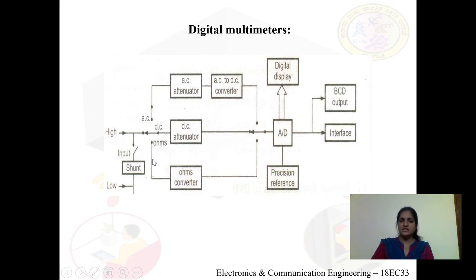If the switch is connected to the last one, that is the ohm converter, it is capable of measuring unknown resistance. Finally all three are available as digital output, and the digital display is available with the device along with a precision reference. With the display, either we can go for a BCD output or interface with any further devices.